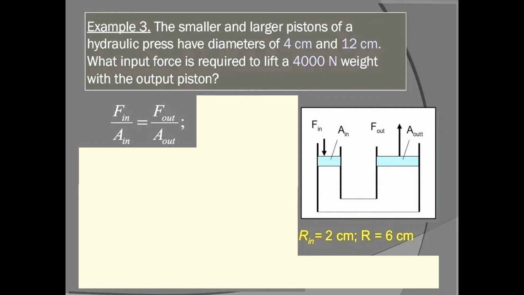We apply this formula: force over area of the input is equal to force over area of the output. Solving for the input force, we can come up with that equation: force output times area of the input over area of the output. The area here refers to the cross-sectional area of the piston in contact with the liquid.